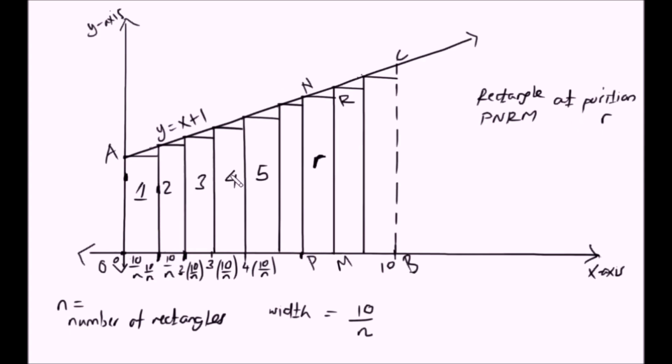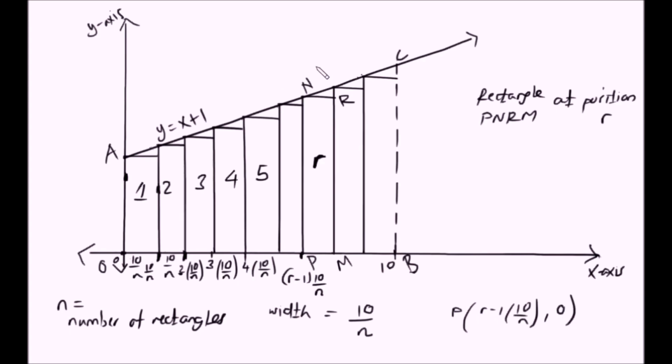Kama uso wa rectangle ya 4 ni 4 minus 1 times 10 over n, uso wa rectangle ya 5 ni 5 minus 1 times 10 over n, na kuendelea, basi uso wa rectangle ambao position yake ni R itakuwa ni R minus 1 times 10 over n. Okay? Coordinate yake. So hii ni x coordinate ya P, okay? Kwa hiyo P, you can see that P coordinate yake ni R minus 1 times 10 over n, 0.